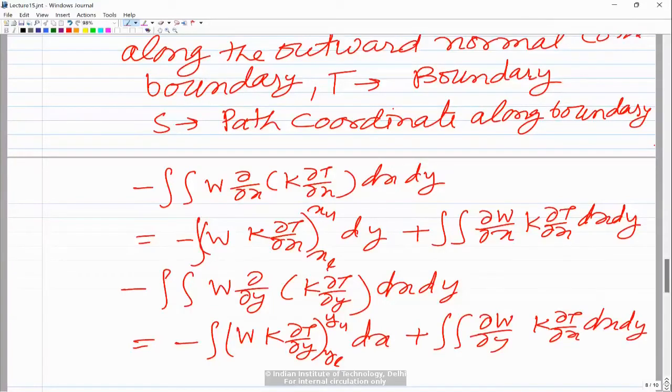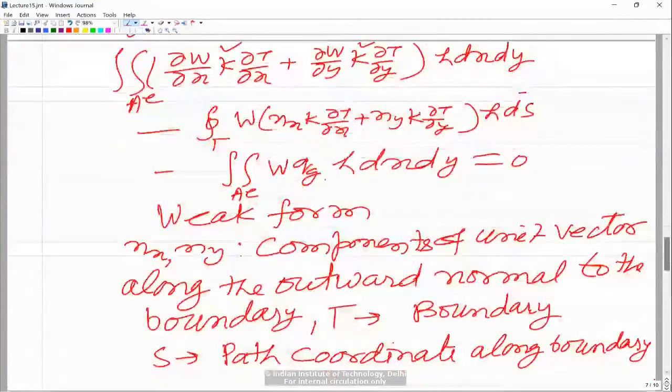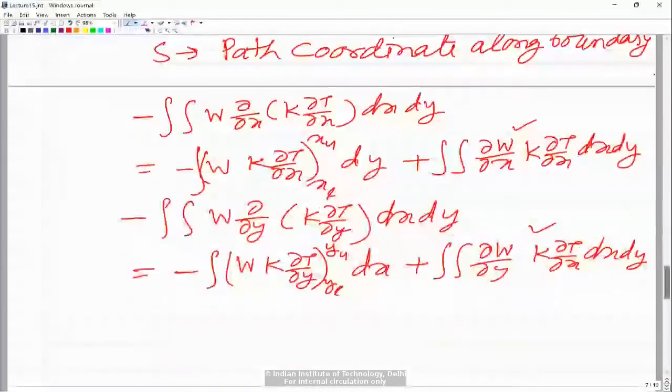If you look at this term and this term, that is what I have written over here. These two terms I have written over here, and this is of course the QG term, which comes straightforward. Now this I have slightly rewritten, because this is a boundary integral. The integration with respect to y is along the x boundaries, x equal to xl and x equal to xu.